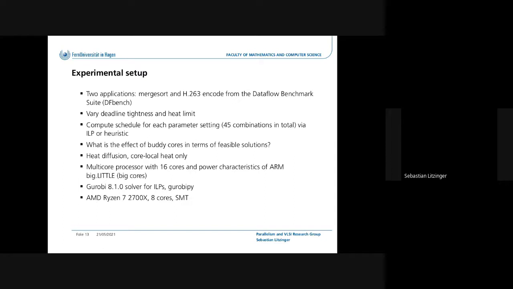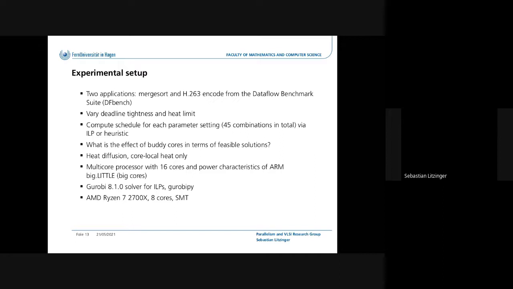And the central question was, can we see any effect of employing the buddy core technique when it comes to the number of feasible solutions? So can we produce more feasible solutions employing the buddy core technique compared to just regular scheduling under the temperature constraints? And we also examined how modeling heat diffusion affects any changes in that regard.